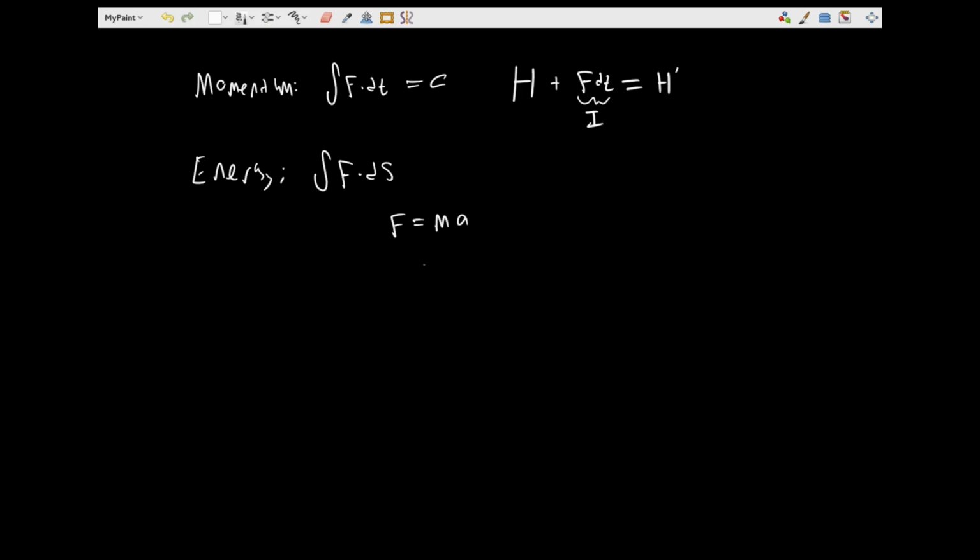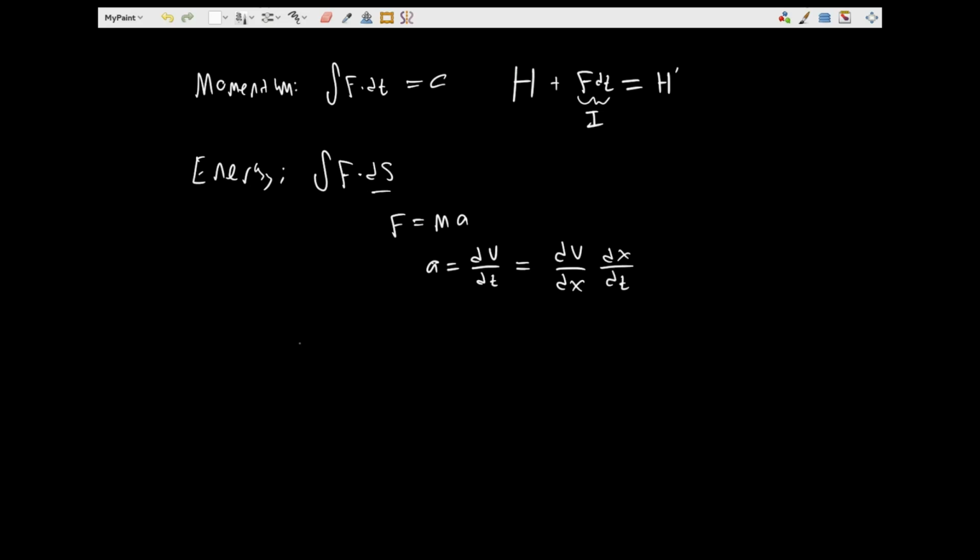And acceleration is equal to the differential of velocity with respect to time. Another way of writing this, acceleration should also be equal to dv by dx times dx by dt, or in this case we have an s.